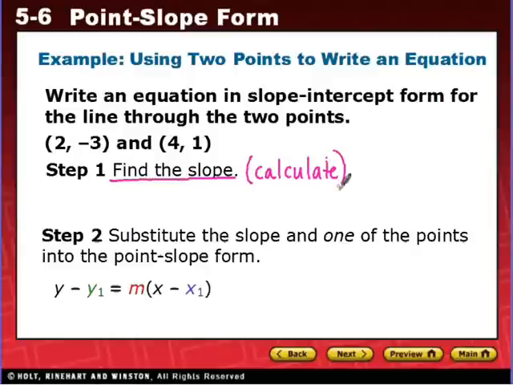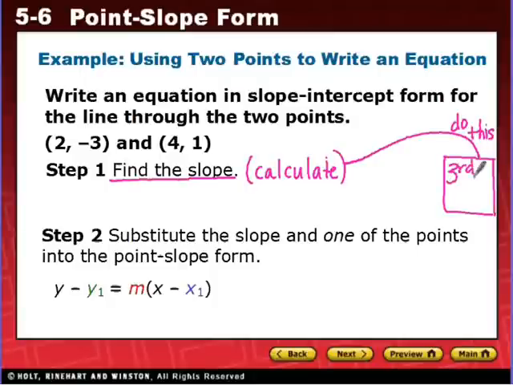Then you have all those options. You can graph, you can solve for b, plug it back in, or you can use the point slope form. So it's almost like you're going to write find the slope, and then draw a line over to that third box on the right, because it's the same.